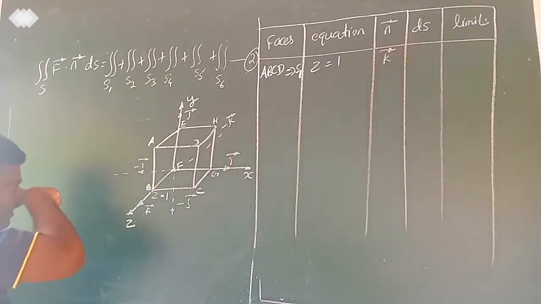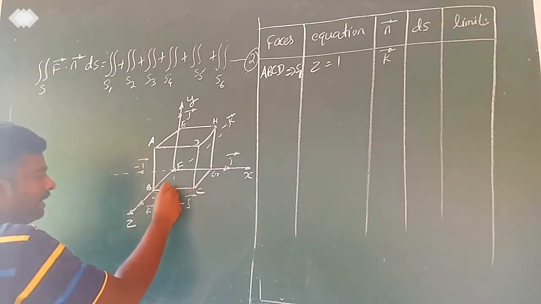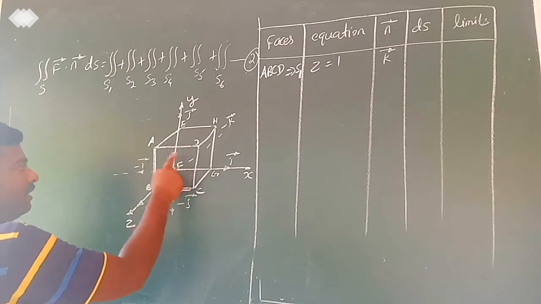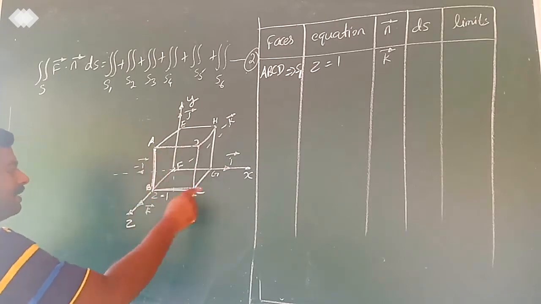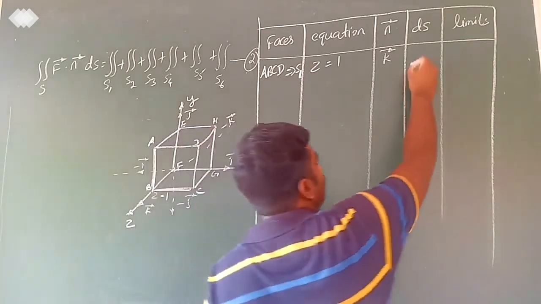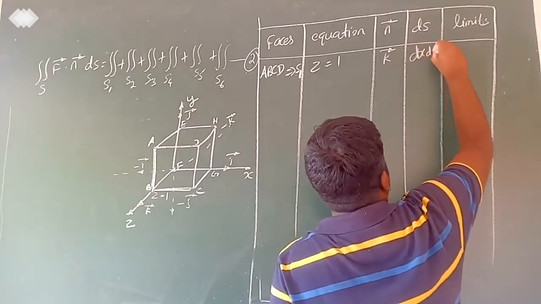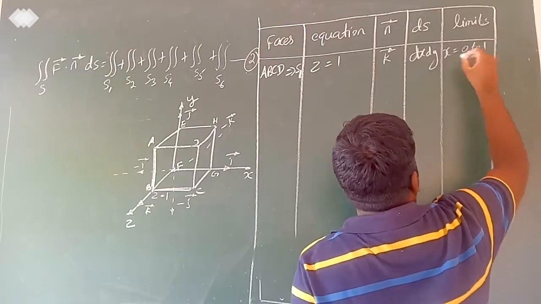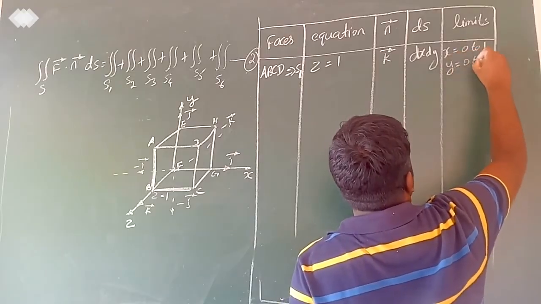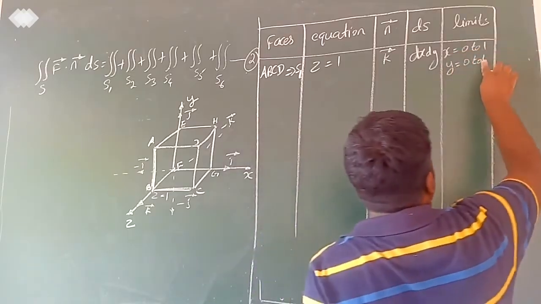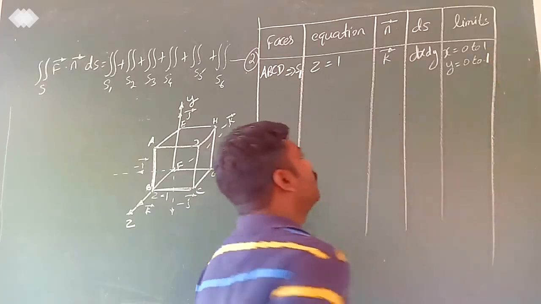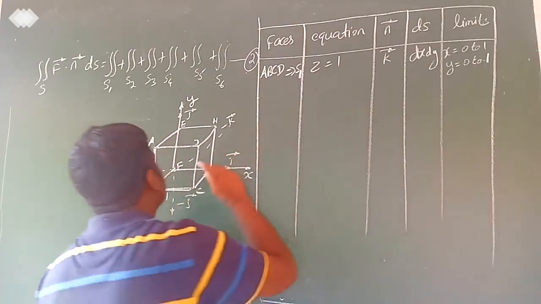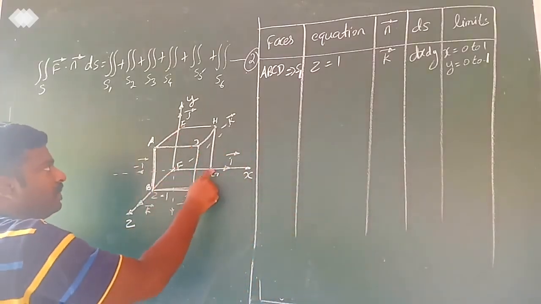And ds: this face ABCD is in x-axis and y-axis. Therefore ds equal to dx into dy. And the limits: the x limit is 0 to 1 and the y limit is 0 to 1, according to the cube. And similarly next phase EFGH.